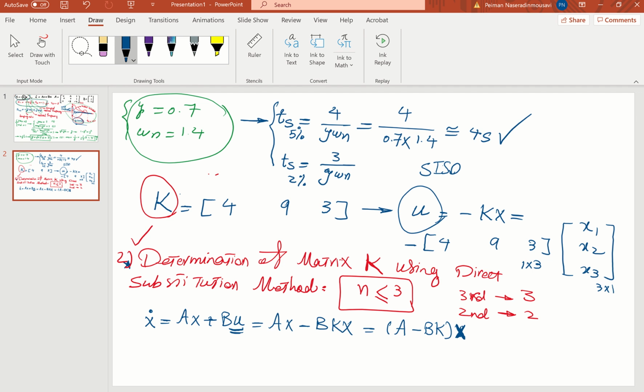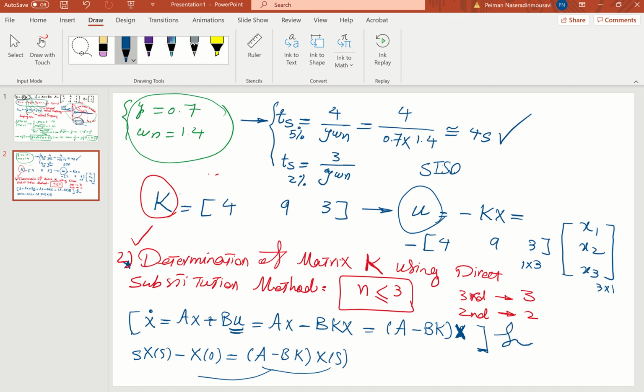If I apply the Laplace transform, as I have done several times, you get sX(s) minus x at time 0, the initial condition, is equal to (A minus BK) X(s).